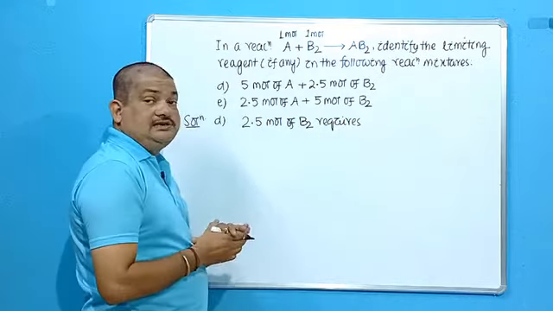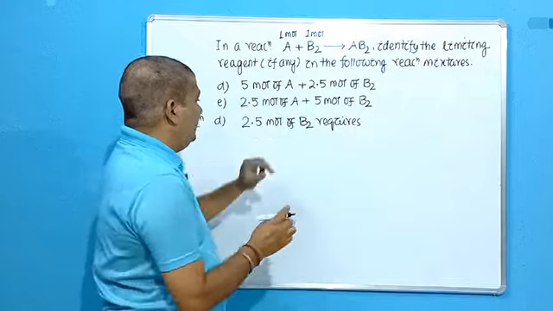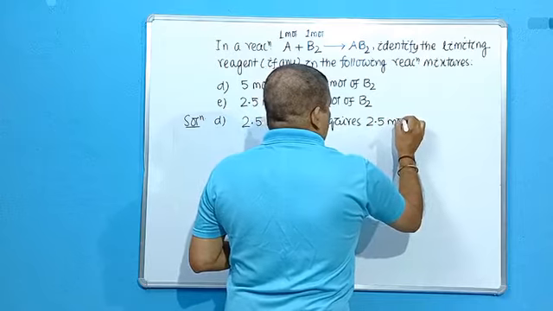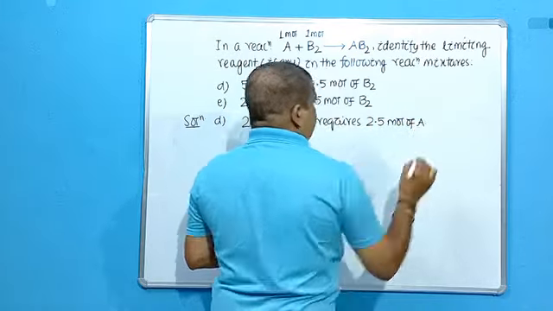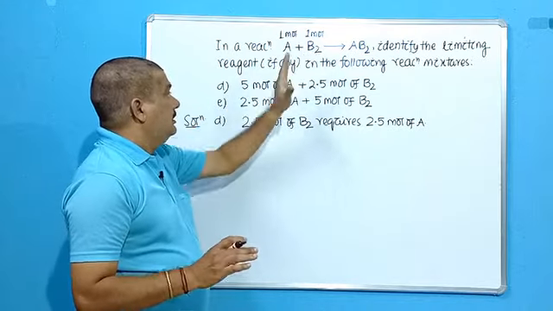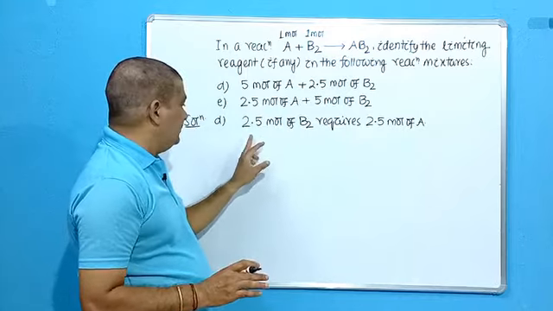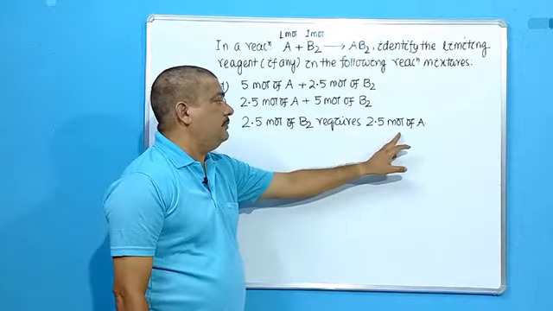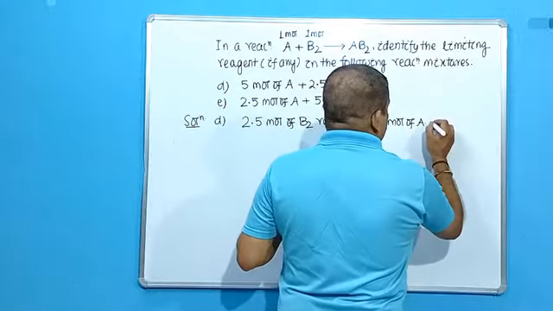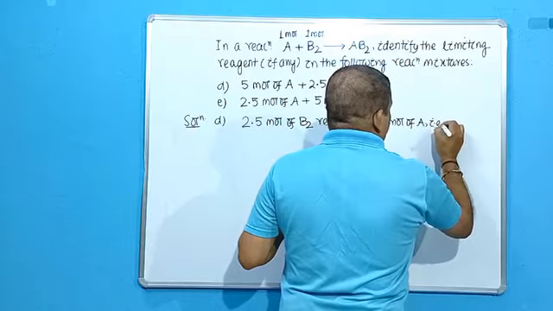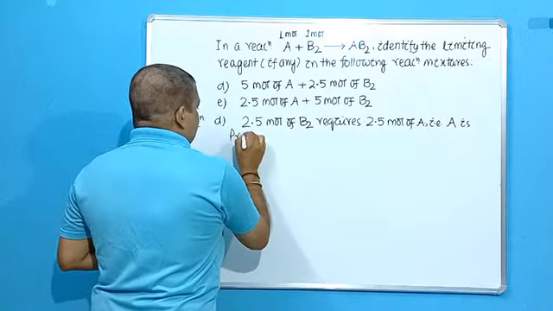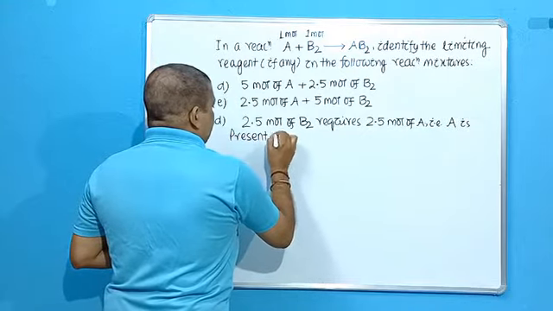They are present in a 1:1 ratio, I have already told you, so it requires 2.5 mole of A. From the balanced chemical equation, 1 mole of B2 requires 1 mole of A, so 2.5 mole of B2 will require 2.5 mole of A. But how many moles of A are present? 5 moles. So A is present in excess.